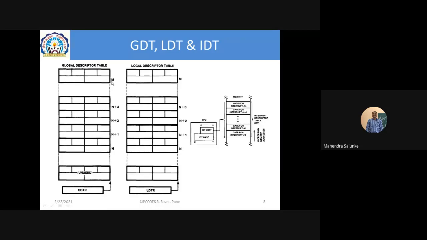Now, can anyone tell me what will be the maximum value of this m with reference to the GDT? Your immediate answer indicates that you are really attending my session. What are the values that I highlighted from the morning, from the start of my lecture?